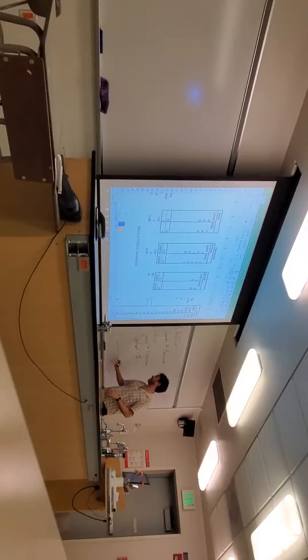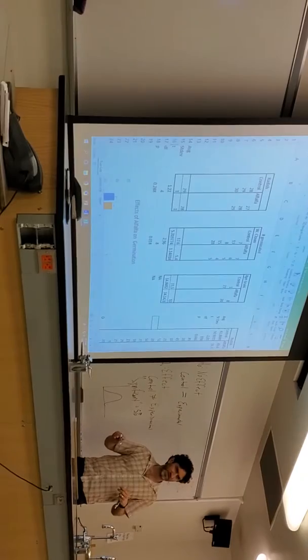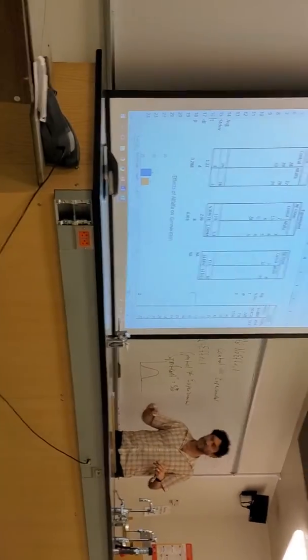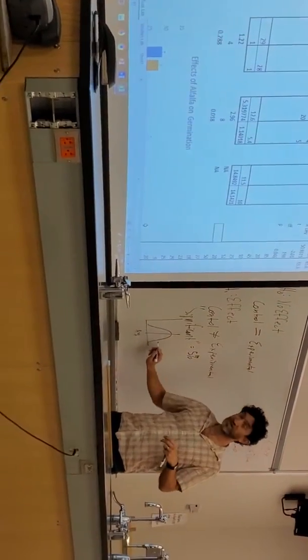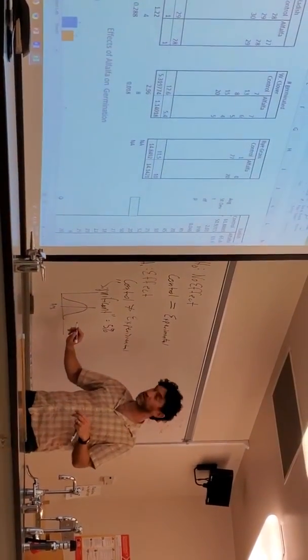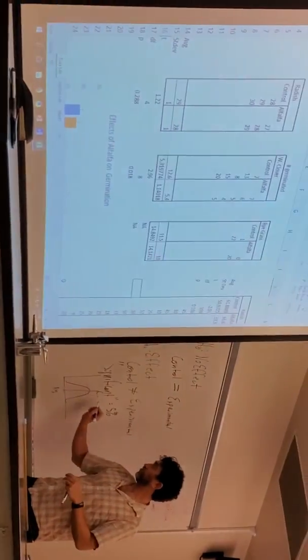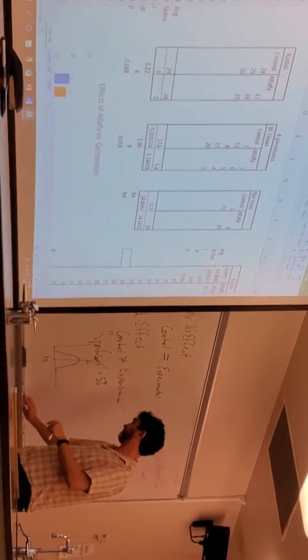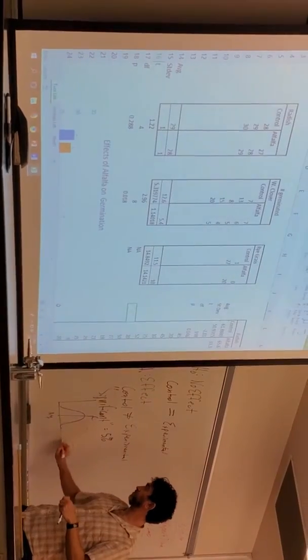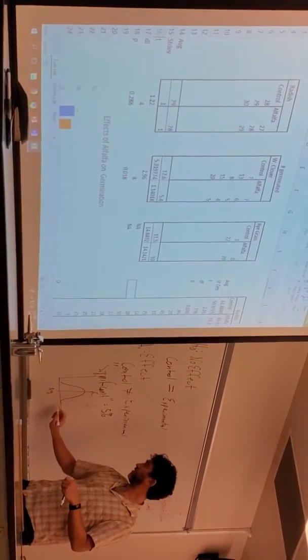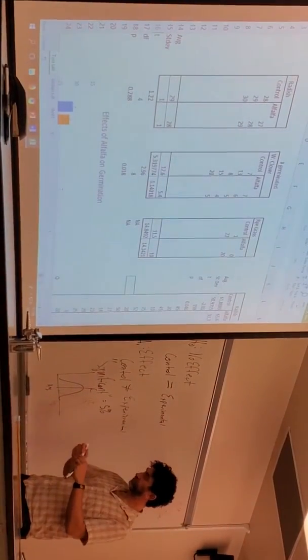Let me back up a little. Say this is our control data, and it has some distribution. Does this make sense? You have your average here, and some measure of error, your standard deviation. Let's say this is your control, and this is your experimental, the average of the experimental.